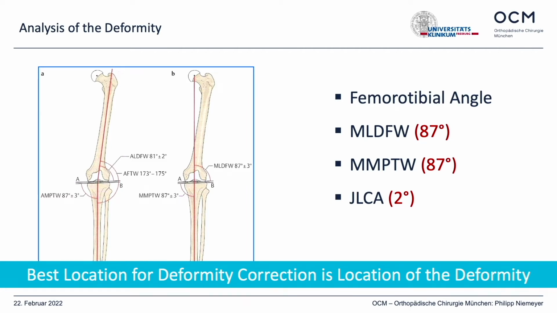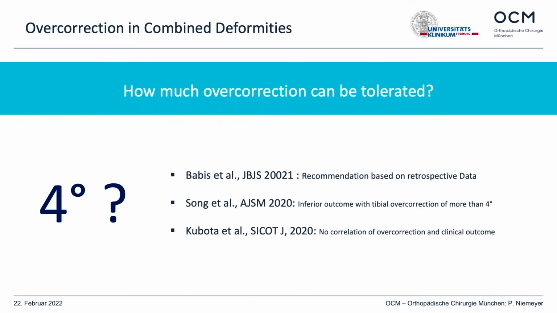You can also say, if you correct a tibial deformity on the femur, you're actually more or less creating a second deformity. Even if the alignment is straight in these patients, the joint line is oblique. And this is really a problem which has been identified in the literature as a relevant issue.